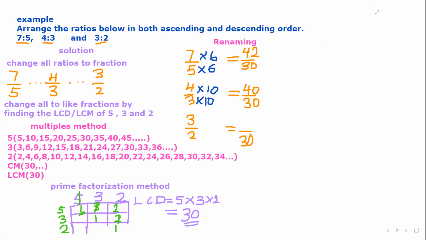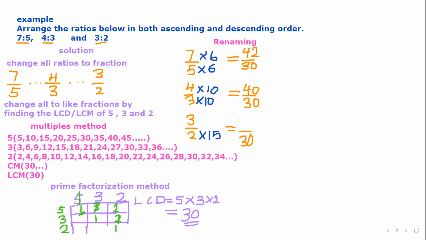Then you come to the other one. 2 times what number gives 30? 2 times 15. Okay. The same 15 must be used to multiply what? The numerator, so that we can also get the new numerator for that.